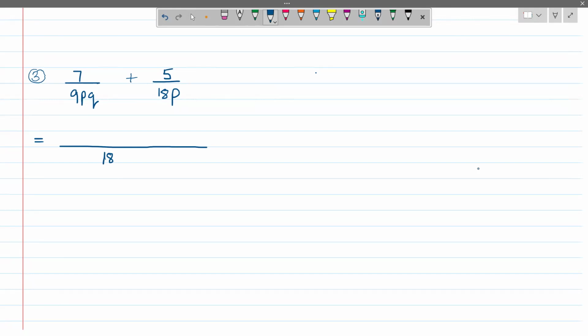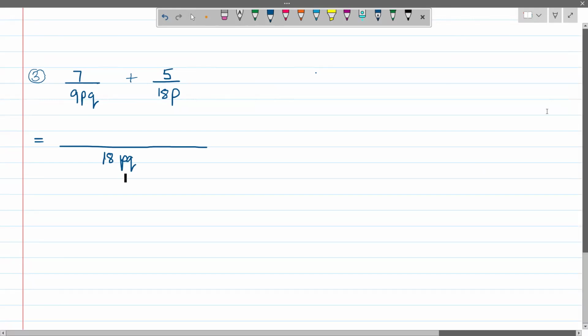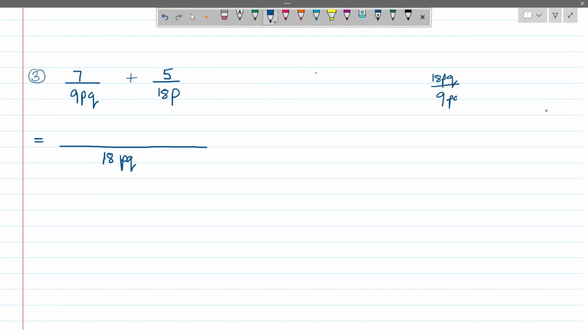Usually it would include all letters in the denominator. So if I have a PQ and a P here, I need to have PQ in my lowest common denominator at the bottom. So 9PQ into 18PQ, if you're not certain about it, I would recommend that you go quickly in your working column and divide 18PQ by 9PQ. We'll cancel here, we'll get 2 and the PQs will cancel out.